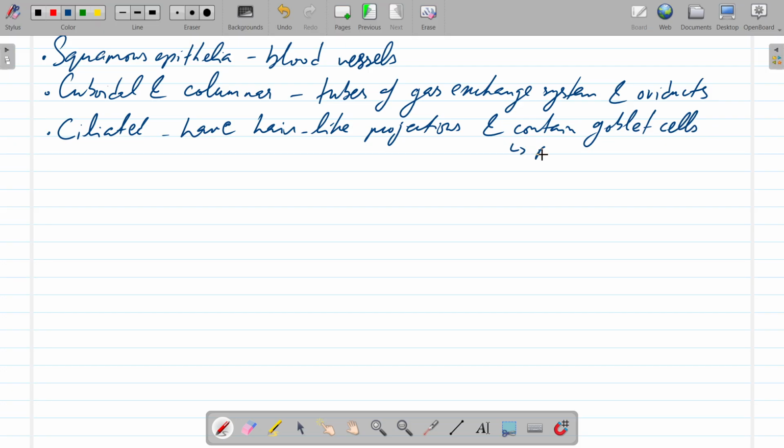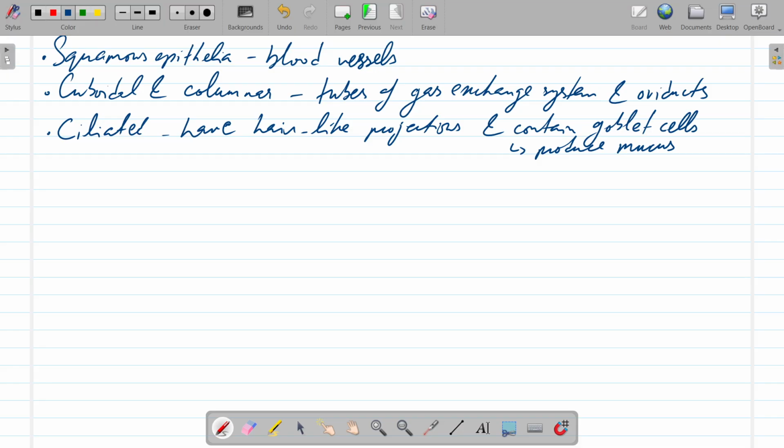These goblet cells produce mucus, and the cilia move the mucus away from the lungs. So those are the different kinds of epithelial cells. And then I gave you examples of connective tissue, cardiac tissue and cartilage tissue, and all of these can be taken to be a subtype of the four main types.